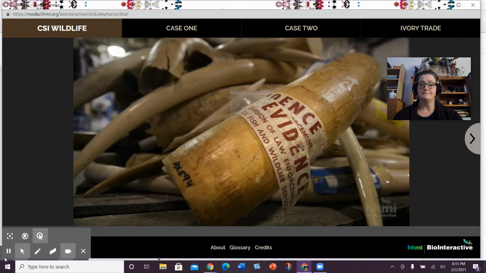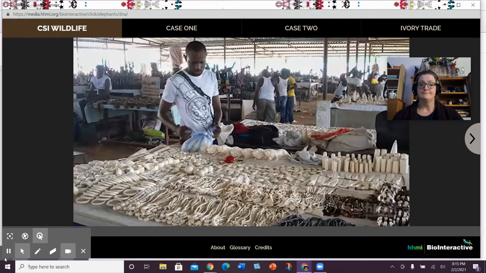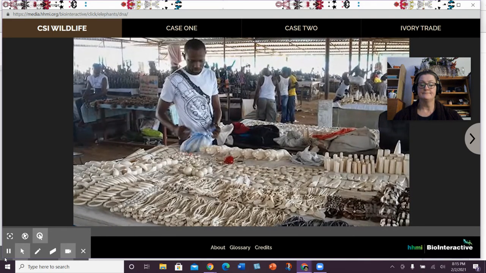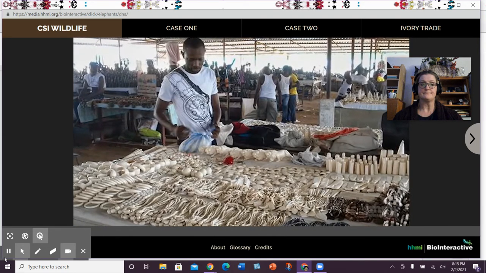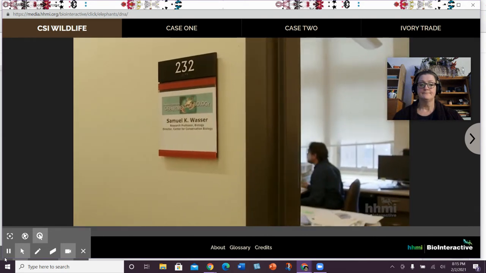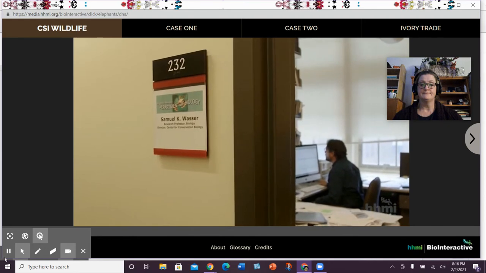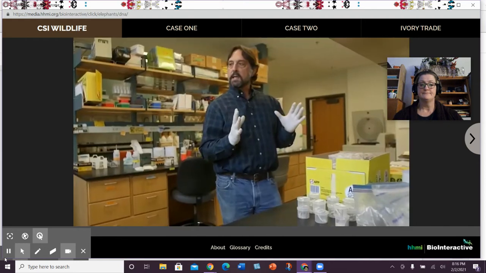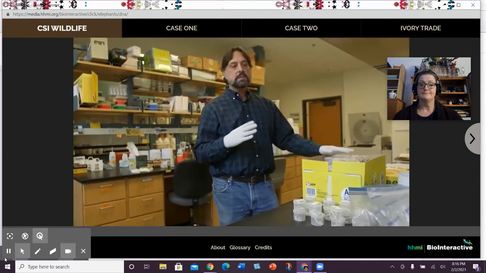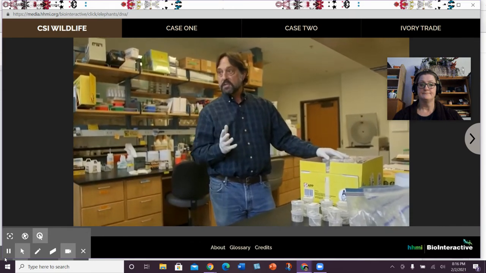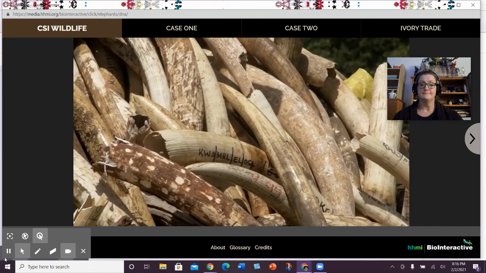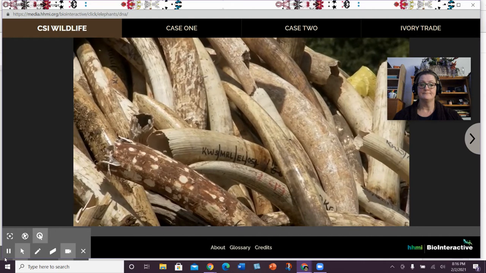Poachers kill elephants for their tusks, which are sold primarily to make ivory objects. When law enforcement officials seize a shipment of ivory, Sam Wasser works with them to trace where the elephants were poached. We just analyze large ivory seizures. Those are seizures that are at least a half a ton in weight and are worth upwards of $1 million or more.